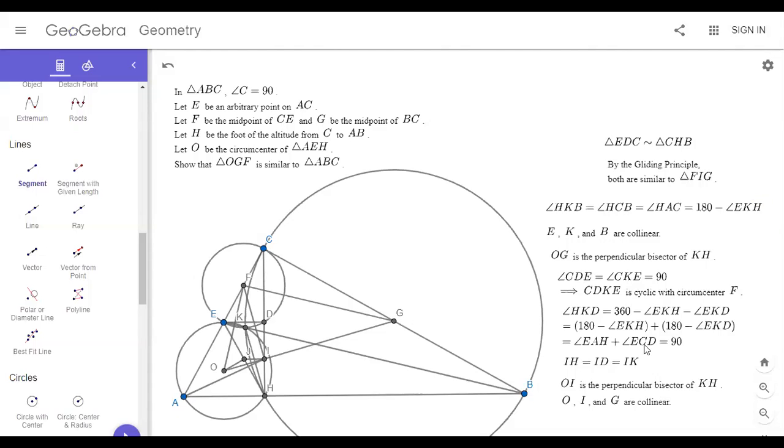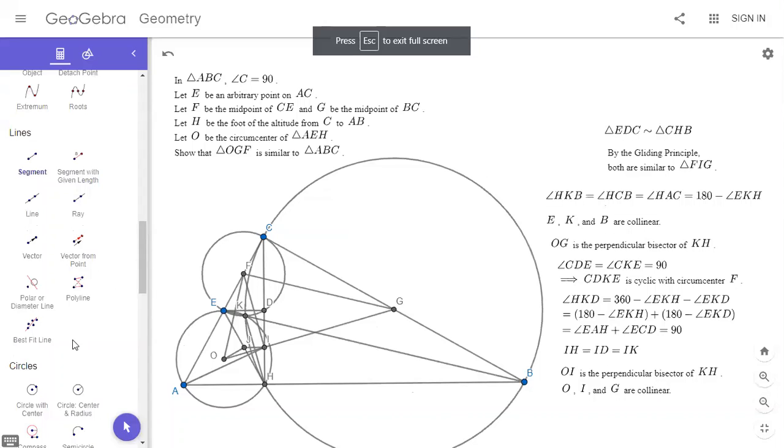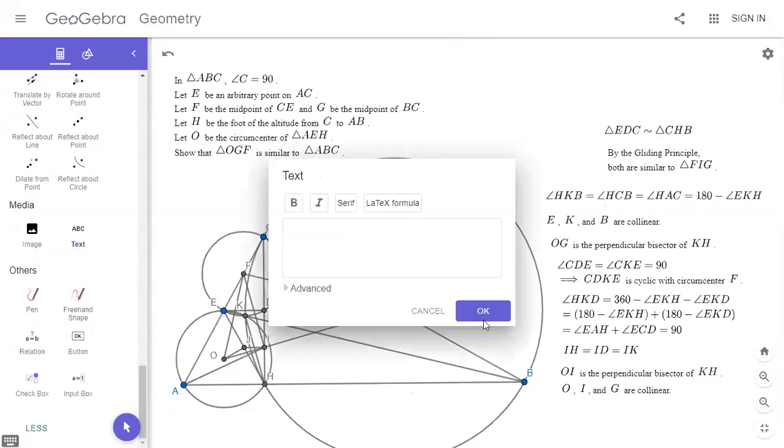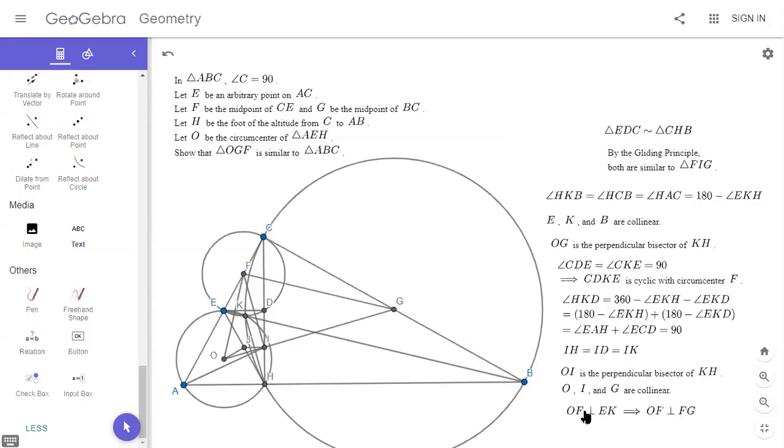Okay, and yeah, so since O, I, G are collinear, that solves the problem, because if OI and G are collinear, and we also have OF has to be perpendicular to EK because that's the line joining the two centers. So it's also perpendicular to FG.